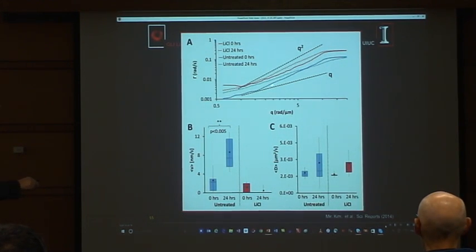Nothing is perfect in biology, but pretty close, right? Now, after 24 hours, you get the dashed line. First of all, you notice there is a crossing here, so that tells you that the slope changed. At the end of the 24 hours, you get the dashed line that's almost perfectly parallel to Q. Again, not exactly perfect, but clearly there was a slope change from diffusion to deterministic.